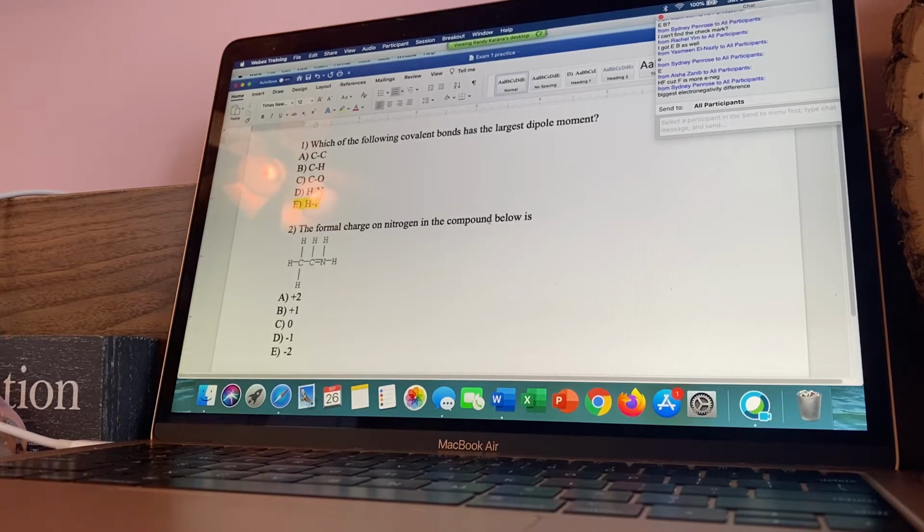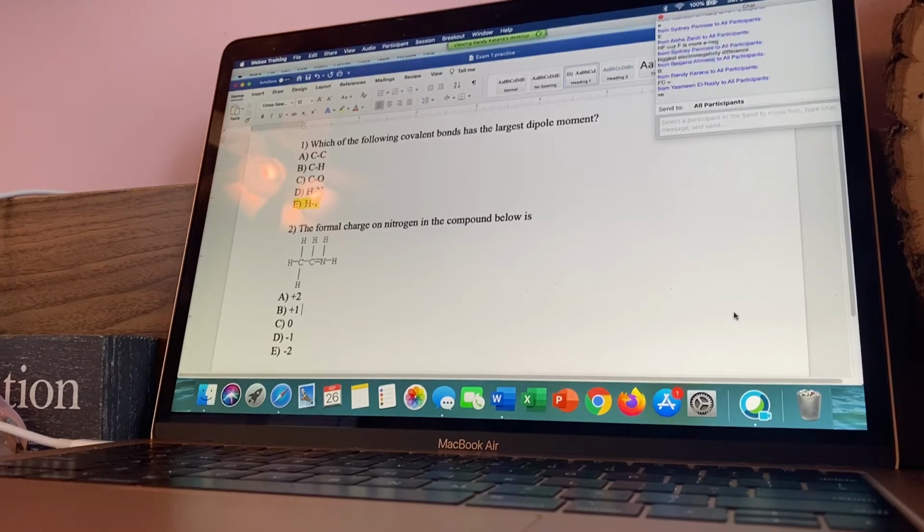How about number 2? We said B for +1. And so I know we've gone over this quite a few times, but you can just say it in chat. What's going to be the formula? So FC, or formal charge, equals what? Yeah, so what are the numbers?